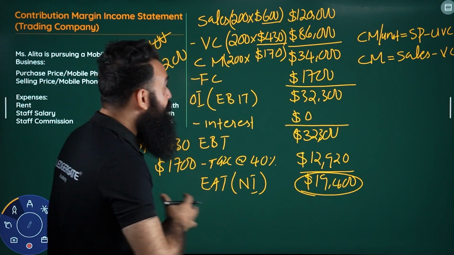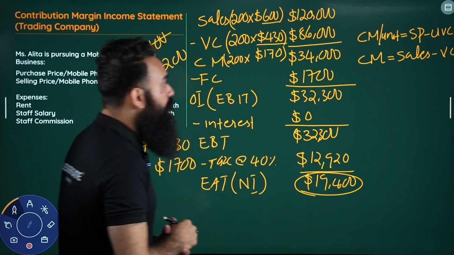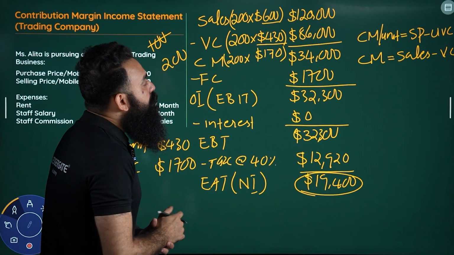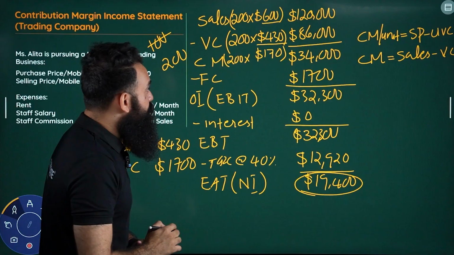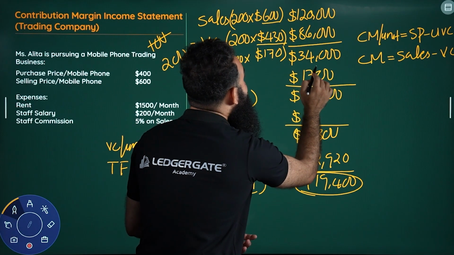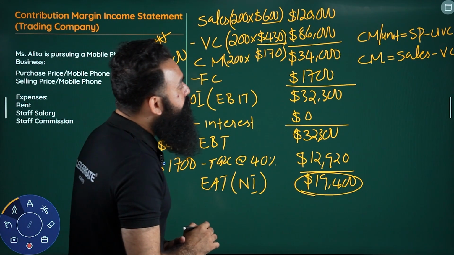This is also one of the basic premises which we are going to derive from the contribution margin income statement. See here, we have a contribution margin of $34,000. This 34,000 is a certain percentage of this sales, right? How to calculate that percentage?